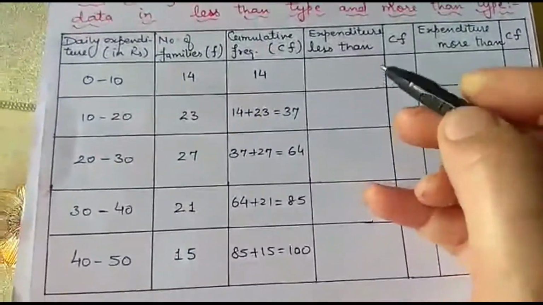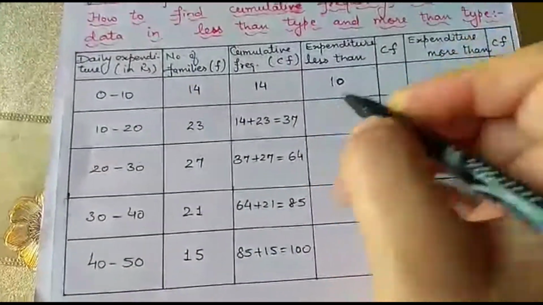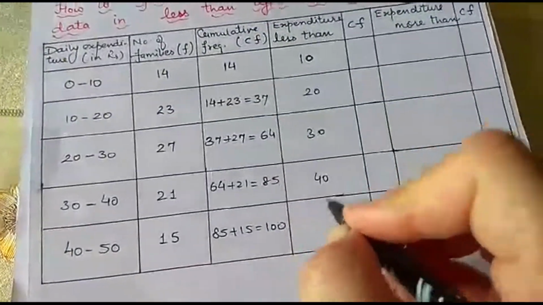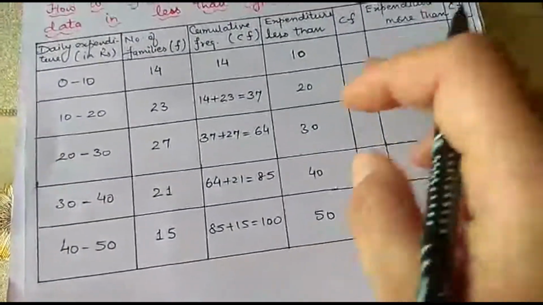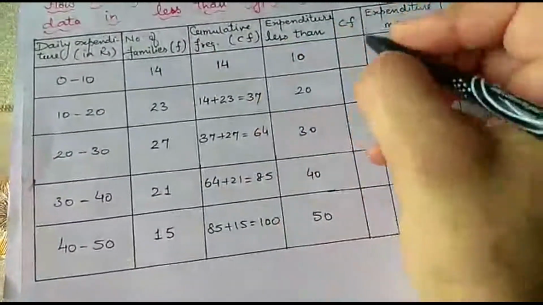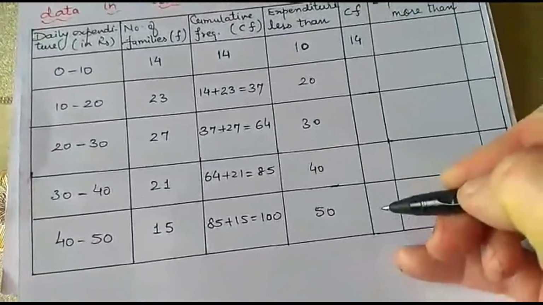So expenditure less than 10, upper limits 20, 30, 40 and 50. So expenditure less than 10, what will come? 14. The cumulative frequency we have to write as it is.